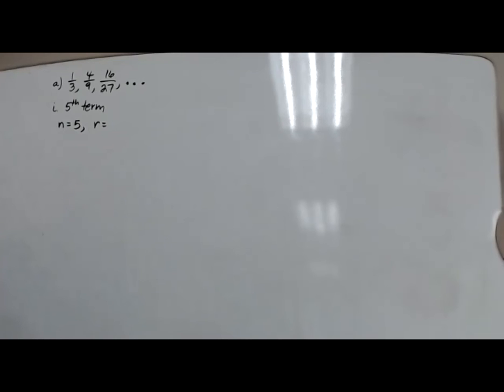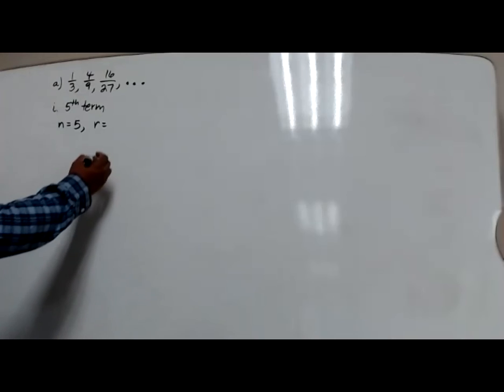What would be the common ratio for this? Well, let's take a look at the numerator. We're going from 1 to 4, and then from 4 to 16. That numerator is being multiplied by what?